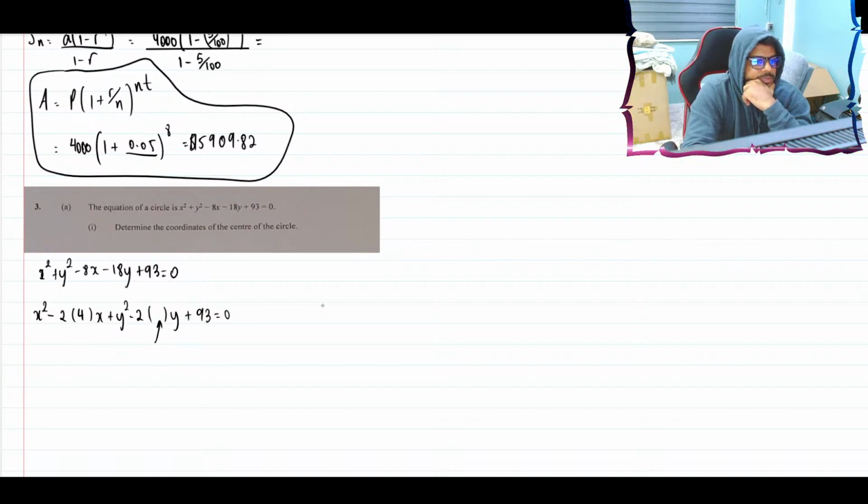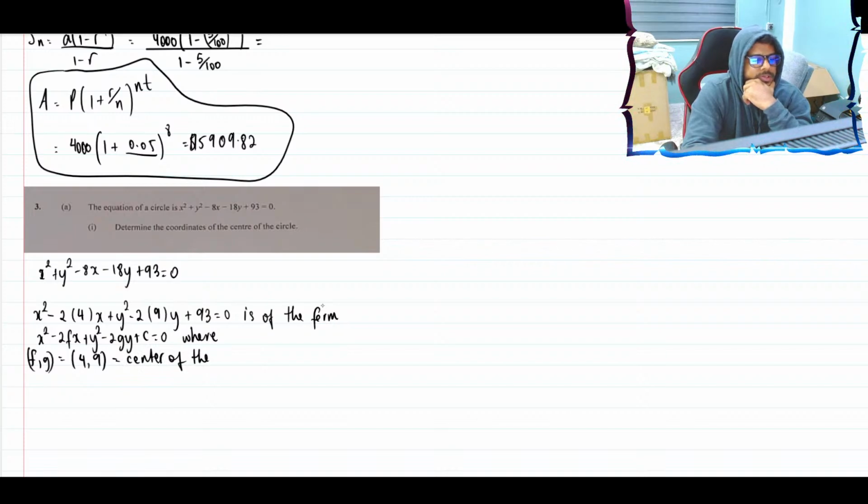What must go here to maintain minus 18? 9. It is of the form x squared minus 2fx plus y squared minus 2gy plus c is equal to 0, where (f, g), which is equal to (4, 9), is the center of the circle.